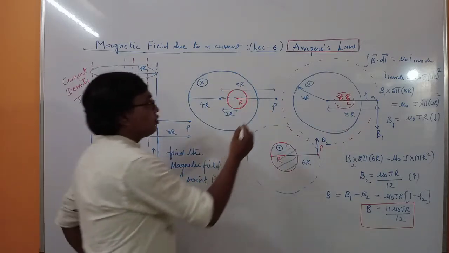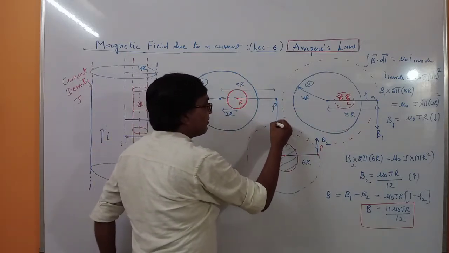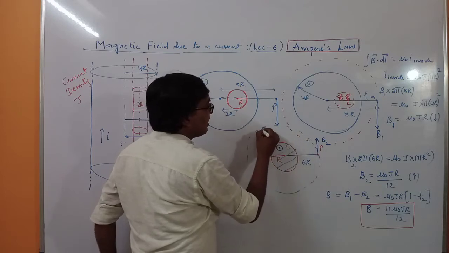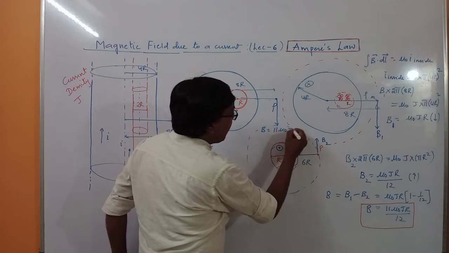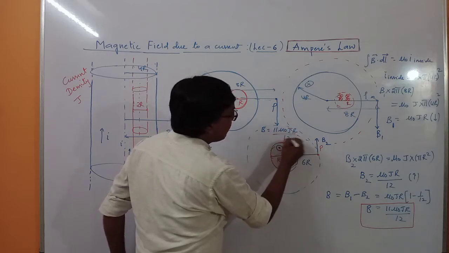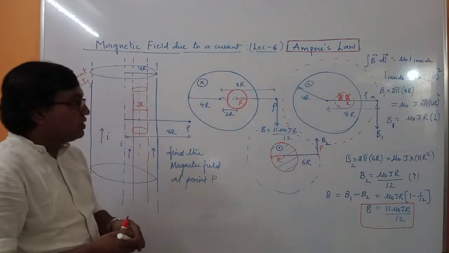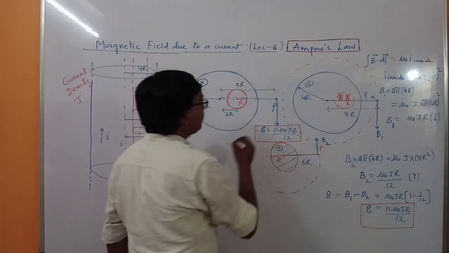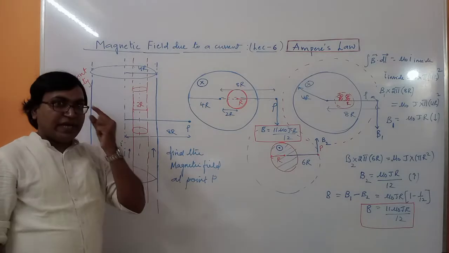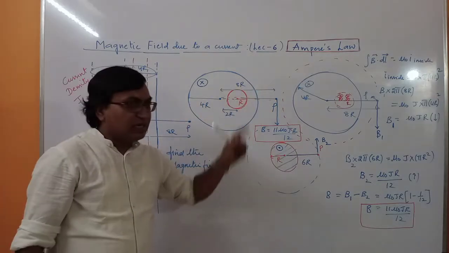So I can show it here. The magnetic field is downwards, that is B, and that is equal to 11 mu naught Jr by 12. So this is the magnetic field at this point. Total magnetic field at this point will be in the downward direction.